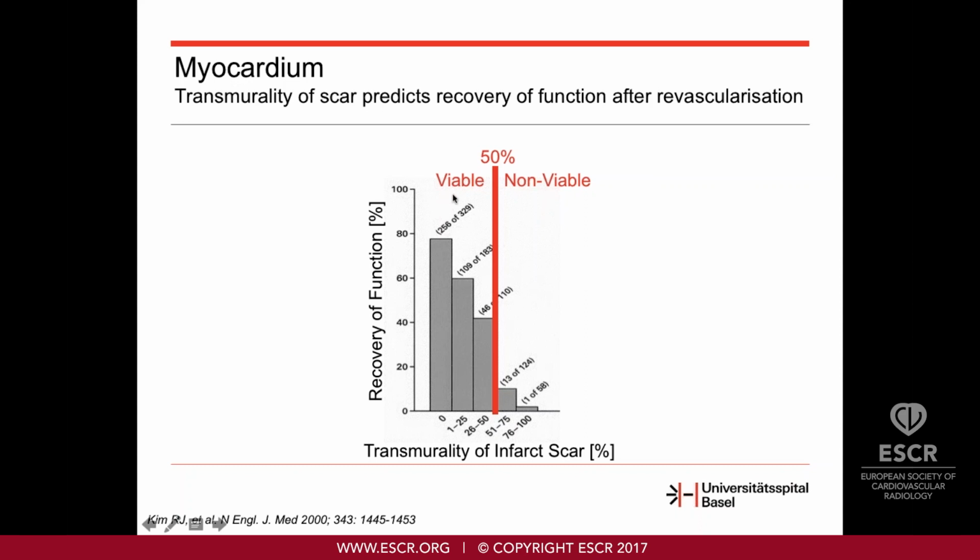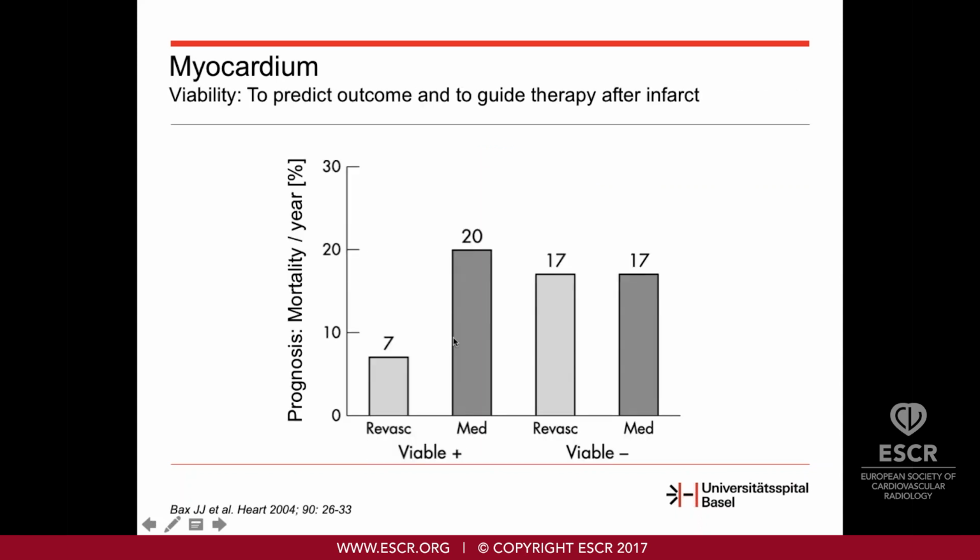When there was 51 to 75% transmurality of the infarct, also the outcome was poor. However, when there was 50% or less transmurality of infarction, the outcome was much better.